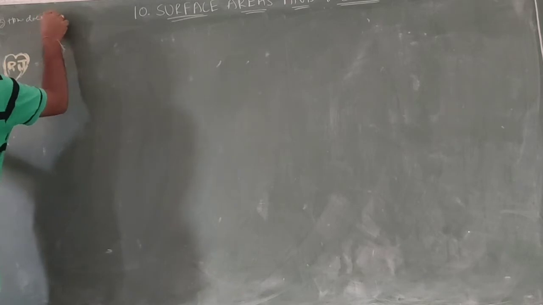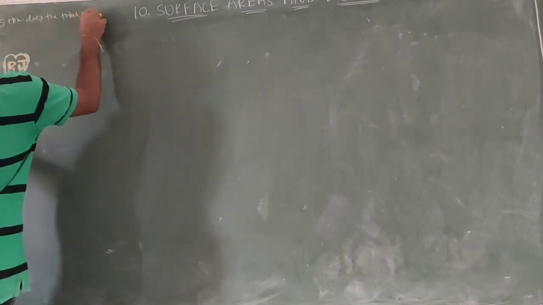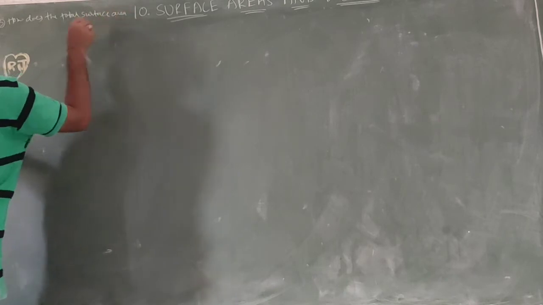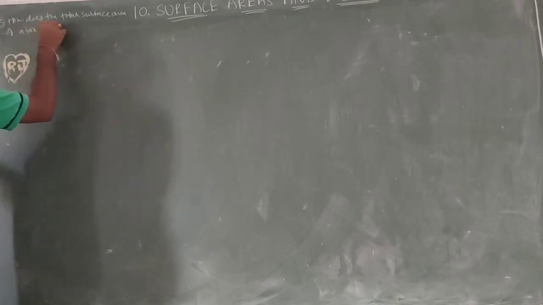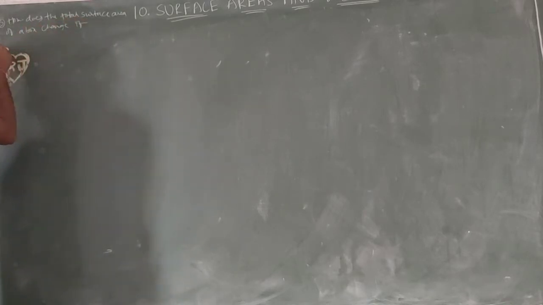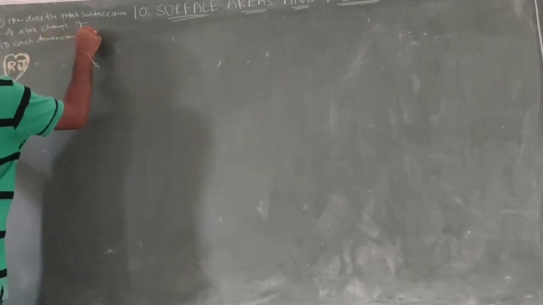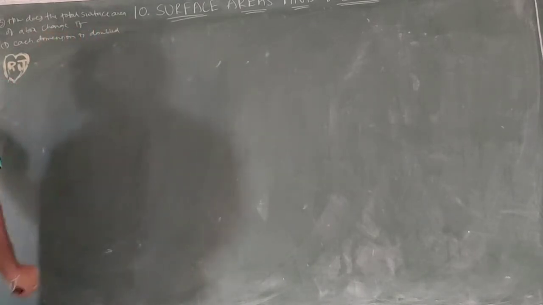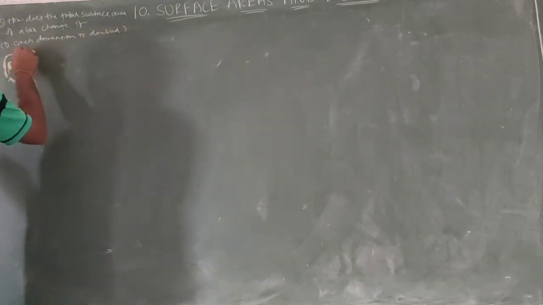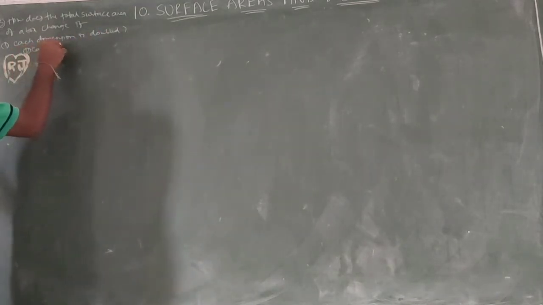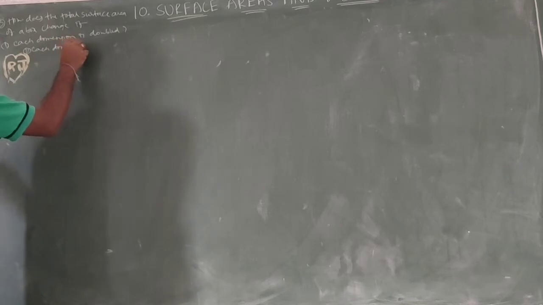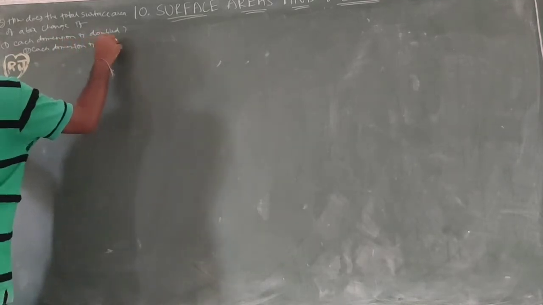The total surface area of a box. How does the total surface area of a box change if, first, each dimension is doubled, and second, each dimension is tripled?